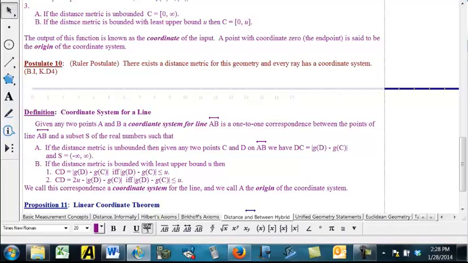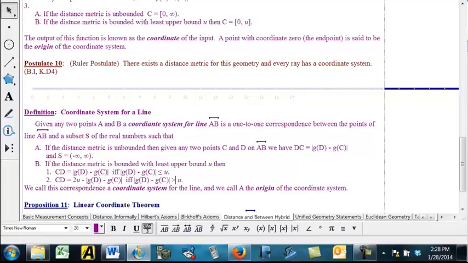And if the distance metric is bounded with least upper bound U, then CD is G of D minus G of C if and only if that distance is less than or equal to U. If it's greater than U, then it's 2U minus the absolute value of that difference.